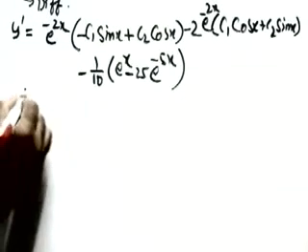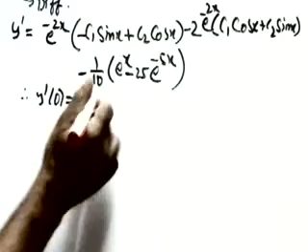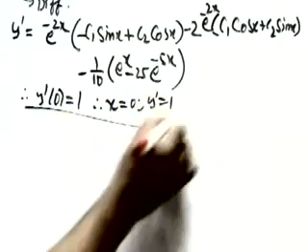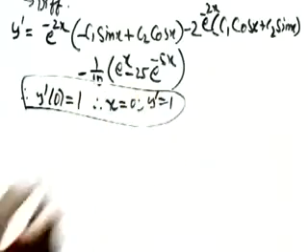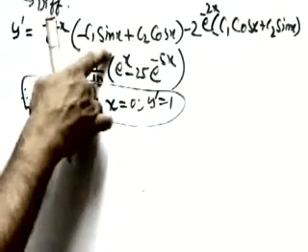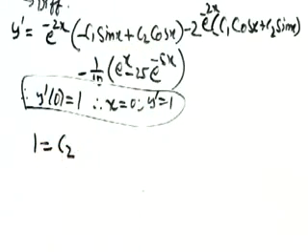Now again let me substitute the condition. What are the conditions you see here? We have y dash of 0 equals 1. This is x, this is y. Therefore x equals 0, y dash equals 1. Now let me substitute these values. y dash is 1, e power 0 is 1, sin 0 is 0, cos 0 is 1. 1 into c2 is c2.